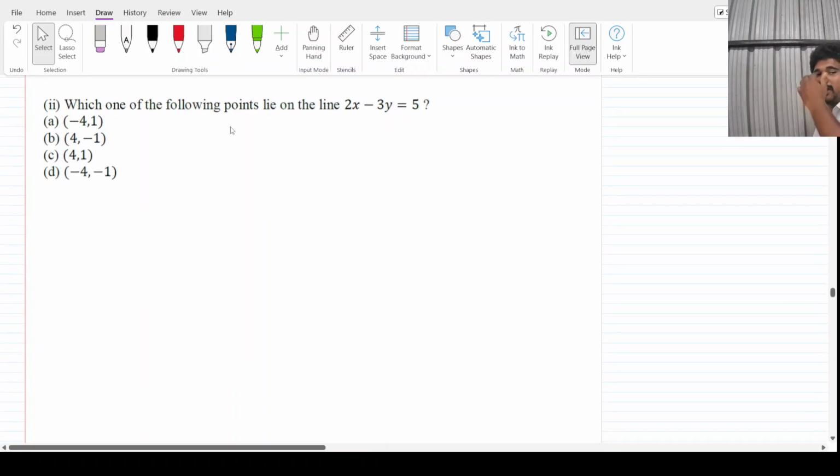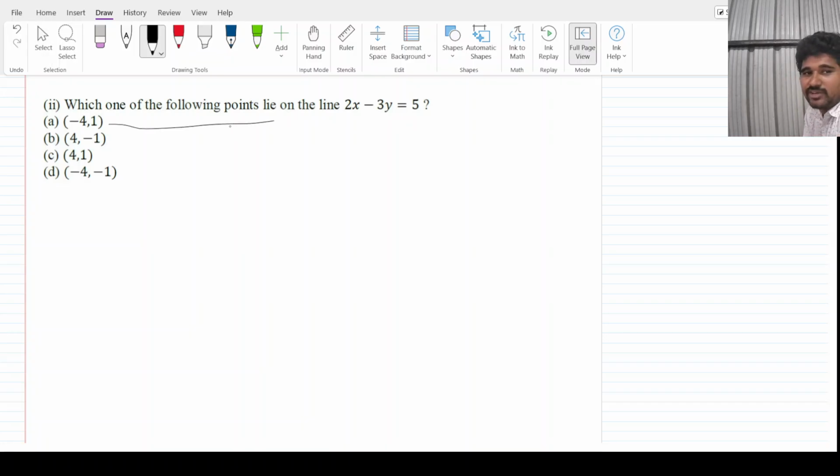Which one of the following points lies on the line? What you have to do is substitute the point into the equation; if you get 5, it is okay, if not, no. Substitute the first one: 2 into minus 4 minus 3 into 1, minus 8 minus 3, minus 11 is equal to 5? Not equal.